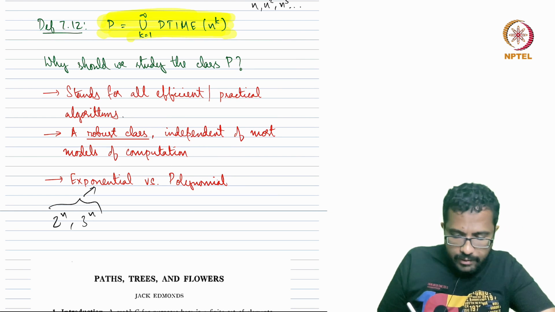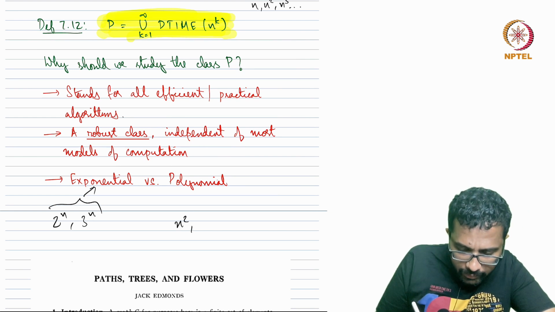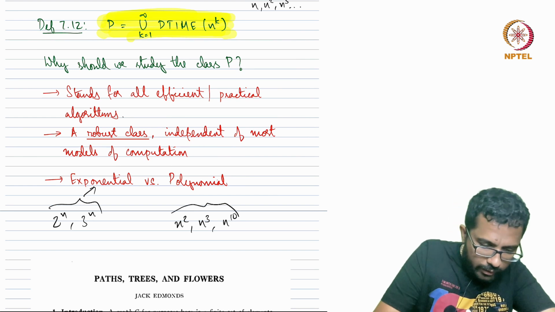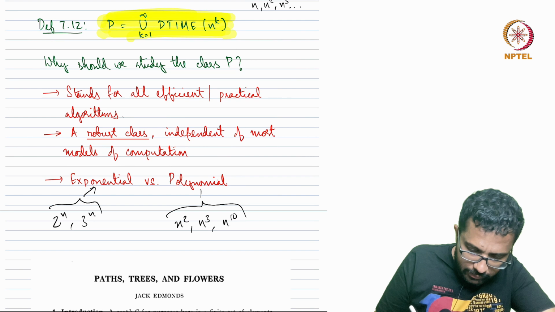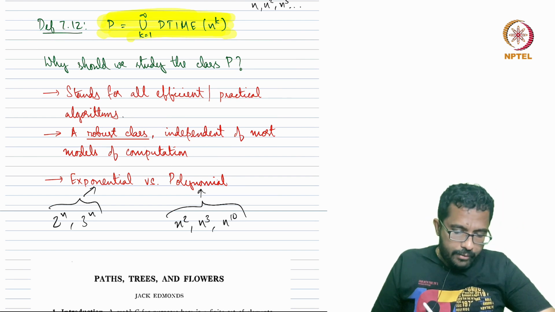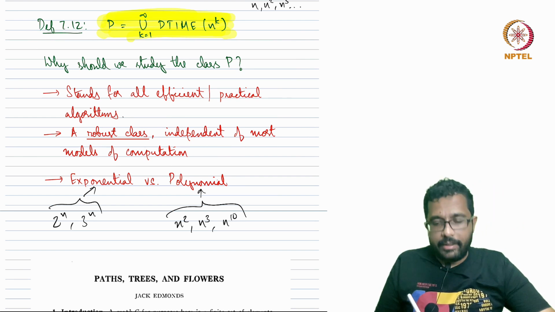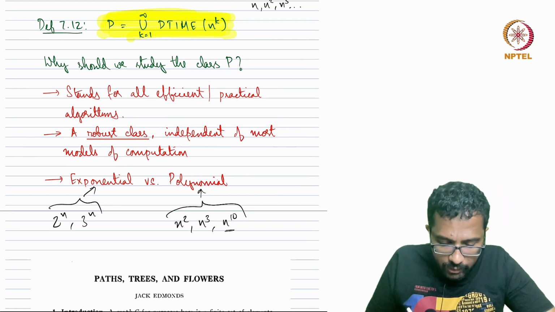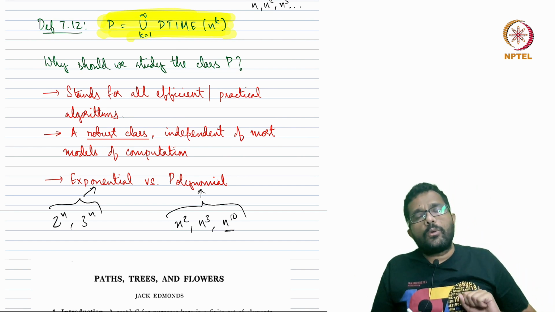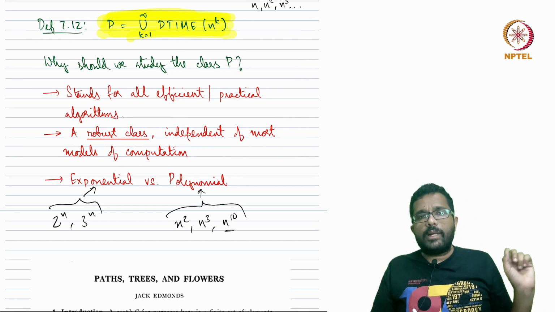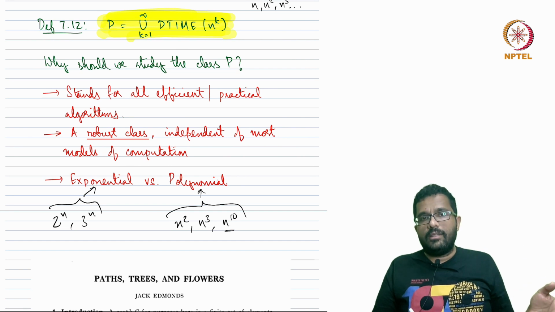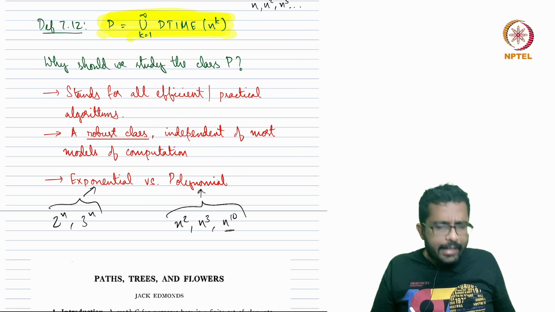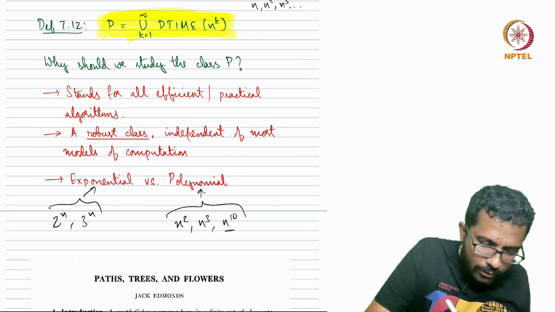Whereas polynomials are n squared, n cubed, n power 10, etc. Whenever we have an exponential function such as 2 power n and a polynomial function such as n power 10, the exponential function is going to grow much faster. So maybe for some small values of n, you will see that 2 power n is small and n power 10 is large, right? But once n crosses a threshold, it will look something like this.